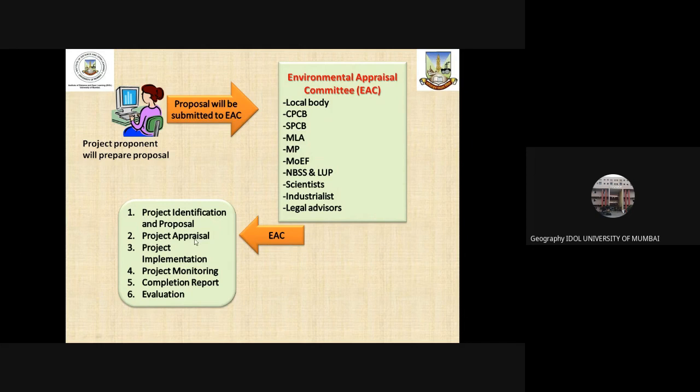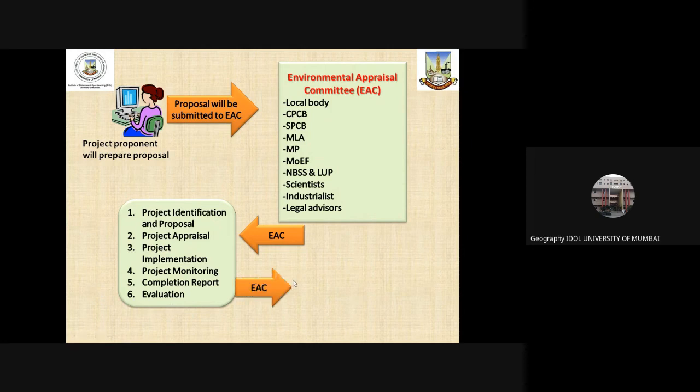Then project appraisal, project implementation, project monitoring, completion of report and evaluation. So all the details of the proposed project, all the potential environmental impacts of the proposed project, and the long-term environmental and socio-economic impact of that particular proposed project will be evaluated, and the report will be prepared.